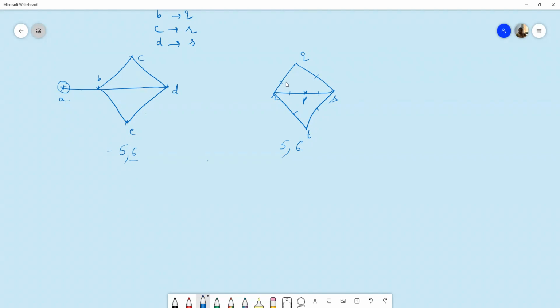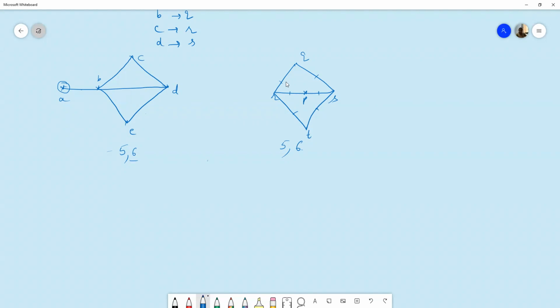Now, one more thing we can say about these isomorphic graphs, that the degree sequences are same. From this example, the number of edges and number of vertices are same, but still they are not isomorphic since their degree sequence is not same, because degree of A here is 1, but in the second graph there is no point of degree 1.